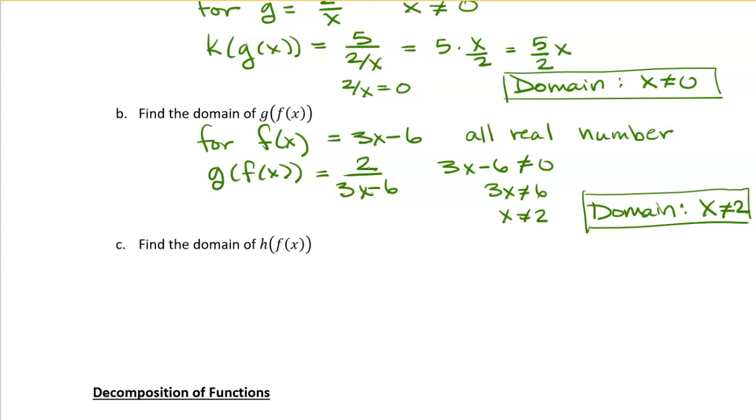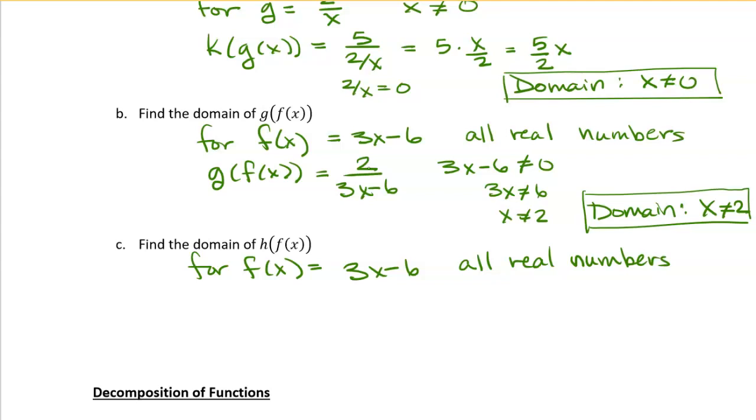Let's finally look at this last one, where we have h of f of x. First, let's look at f of x, which is the same as before. It's 3x minus 6, and the domain is all real numbers. I should have put an s on that.